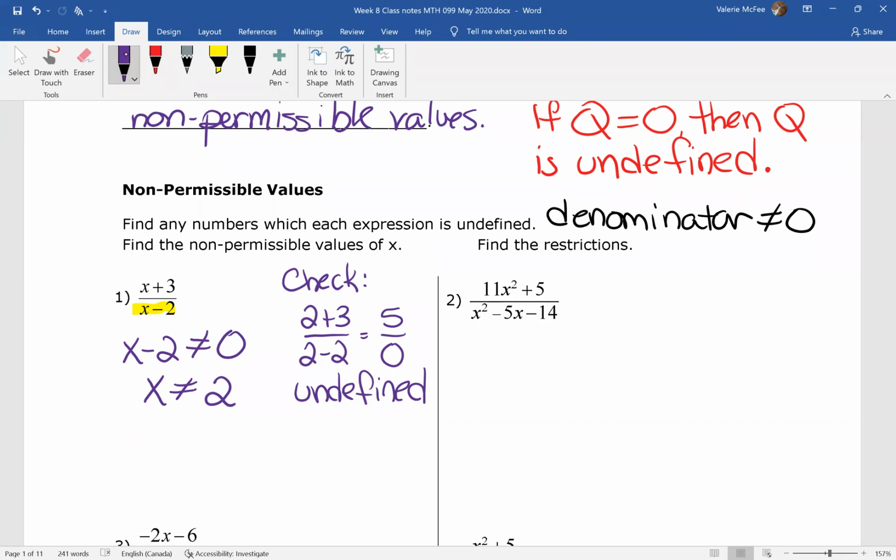Let's look at question 2. The denominator cannot equal 0. We practiced last week solving quadratic equations. Why don't you pause your video and factor this?